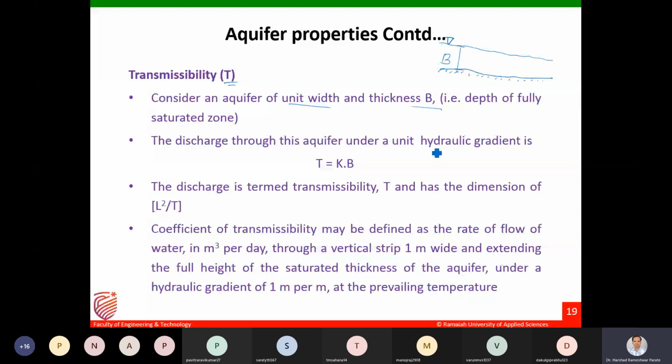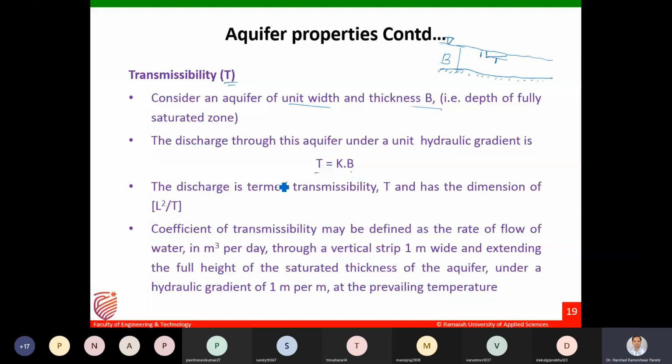That means the slope of this line is 1 by 1. That means if I move by 1 meter, my water level is also falling down by 1 meter. That is called unit hydraulic gradient. So if these conditions are there, then the discharge through the aquifer is equal to T is equal to K into B. This particular term we call the transmissibility of that aquifer.